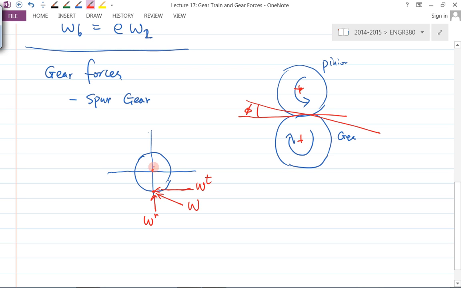Then guess what? Then it has to be balanced, right? The gear basically is carried by the shaft. So the shaft is where the gear is fixed on, the pinion is fixed on. So in order to balance this, from the shaft you need to have a force to balance the W. Now you not only need a force to balance the W here, because at the particular location of the action, guess what does the WT generate with respect to the center?